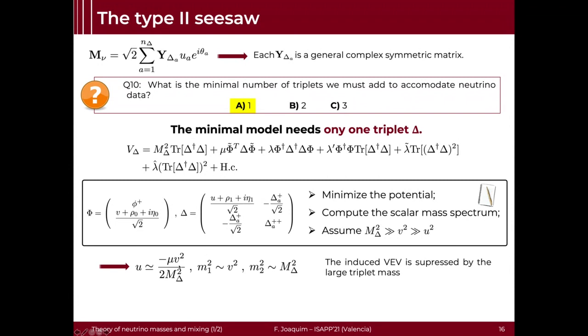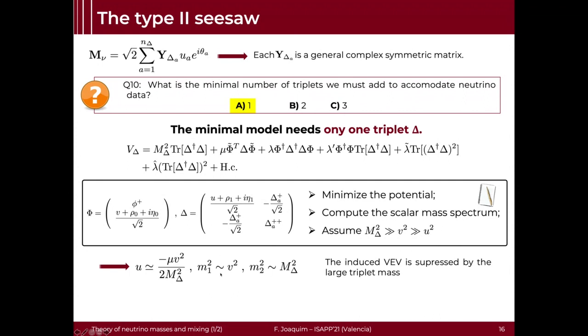And you end up with the conclusion that the triplet VEV is given approximately by mu v squared over m delta squared. So you see that there are two mass scales here suppressing this induced VEV for the neutral component of the triplets: this mass scale for the triplets and also this mu parameter, okay?